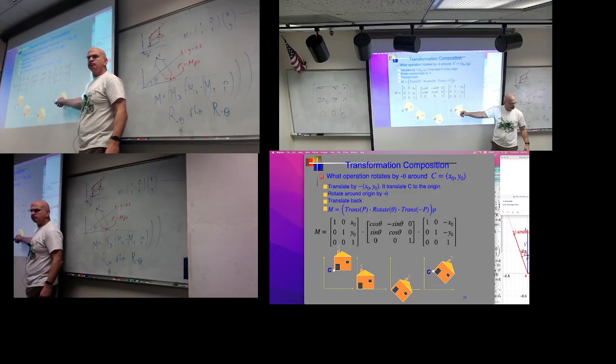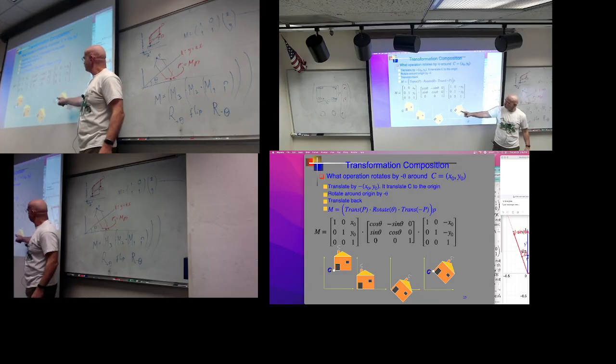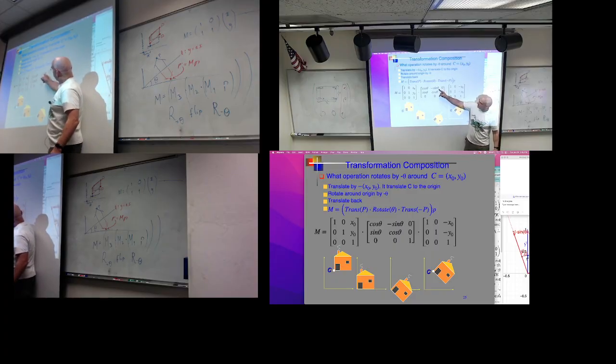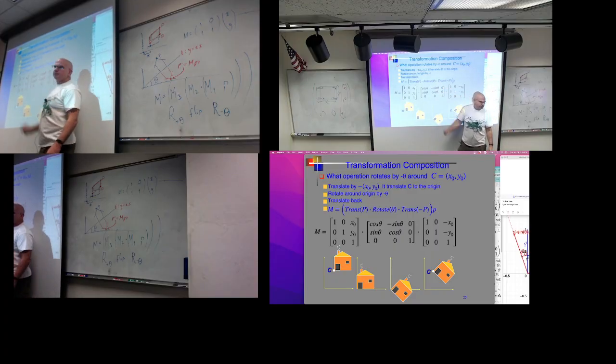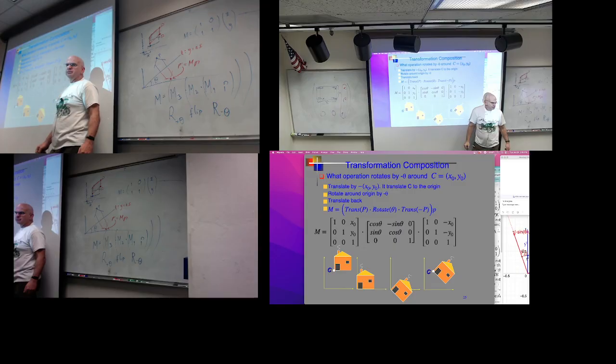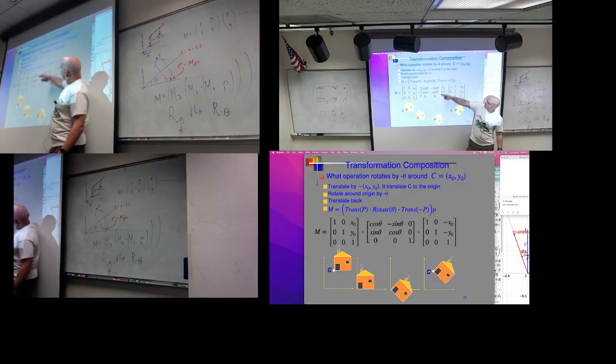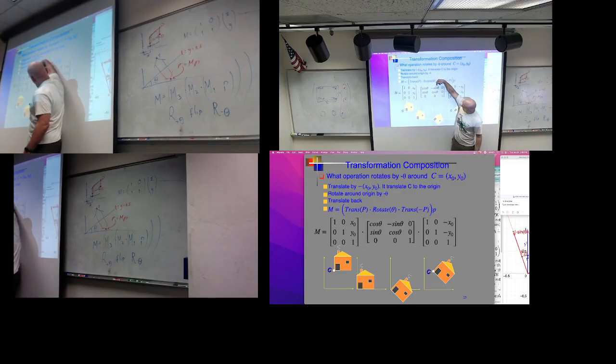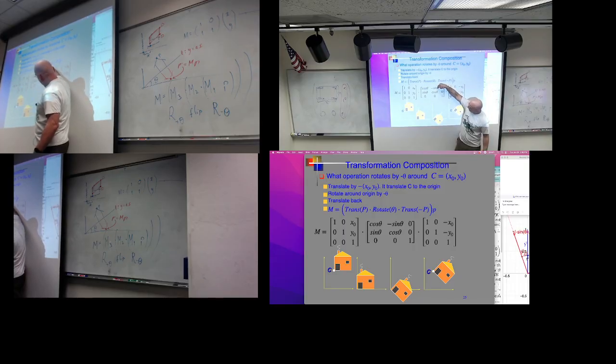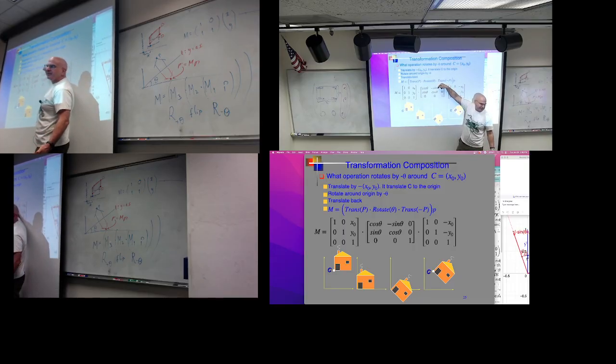I was going to ask about that, because why is it negative theta, but I feel like the middle matrix is a positive theta. Well, I rotate by minus theta. So theta is a negative value.